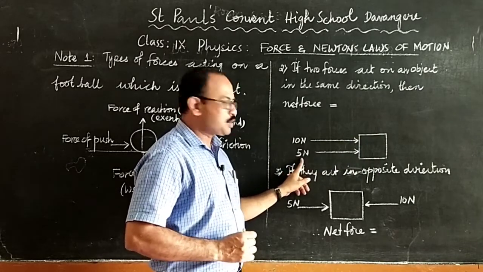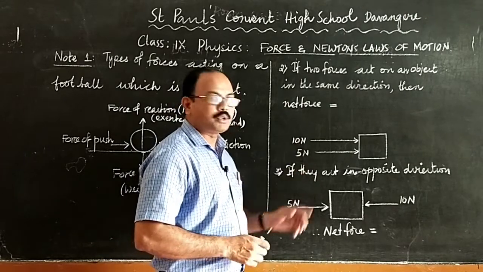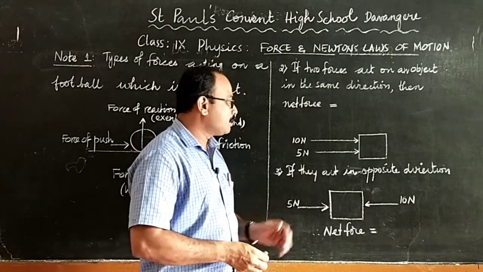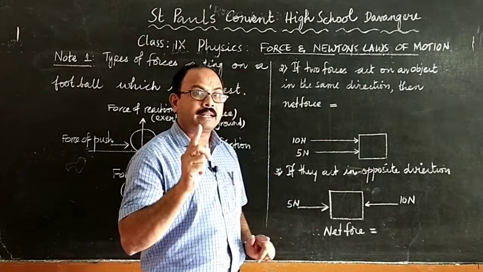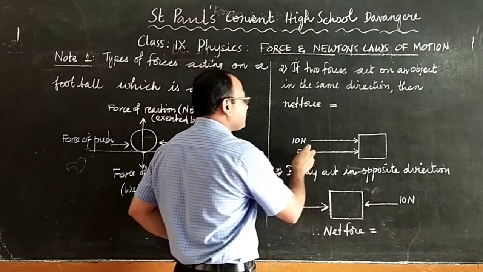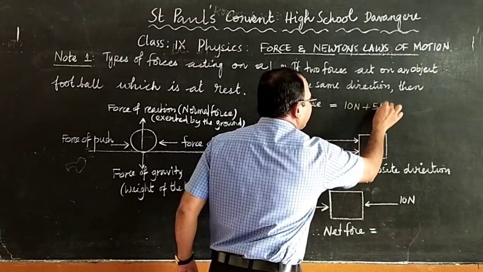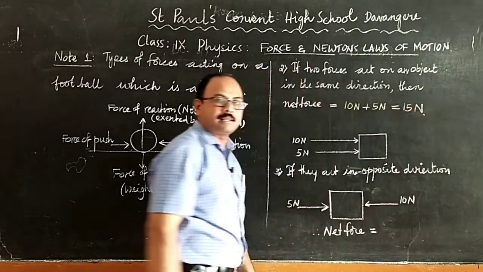Person A pushes the box with 5 Newton of force. Person B is pushing it with 10 Newton of force. Therefore, obviously, the box will move. Then the net force is 10 Newton plus 5 Newton, which is 15 Newton. Understand this, children.